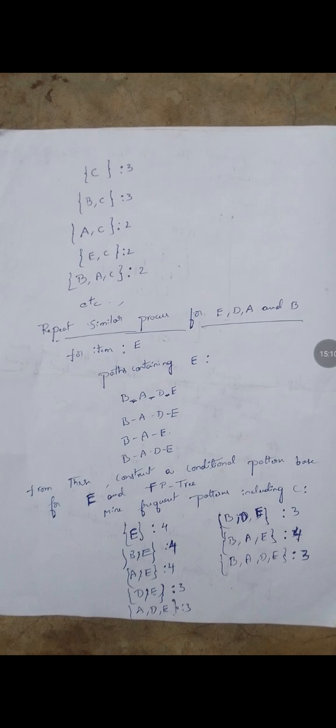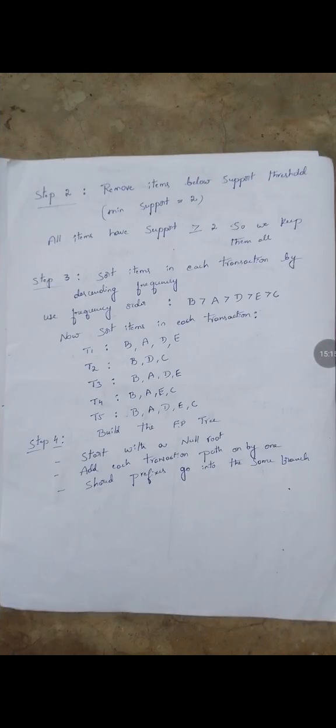For item set E, the paths containing E are taken as per the sorted descending frequency, following step 3 for this procedure.